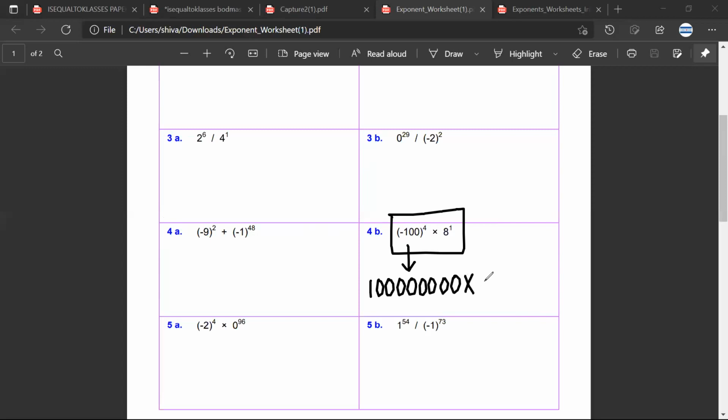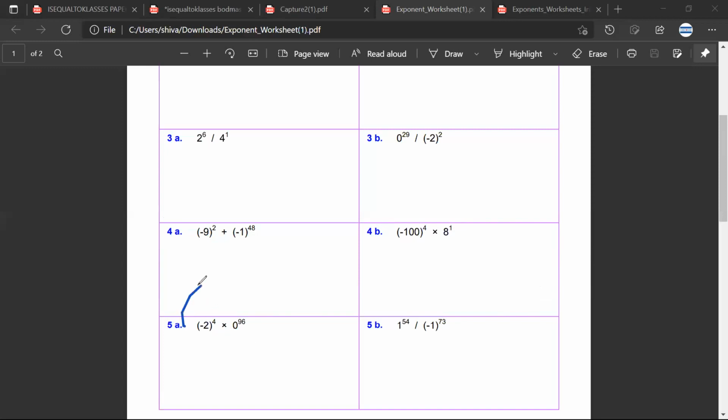So it will be plus 100 into 8. Any doubt? No, sir. These are good PDFs because they really make you think. They seem to be very simple questions, but they really make you think.